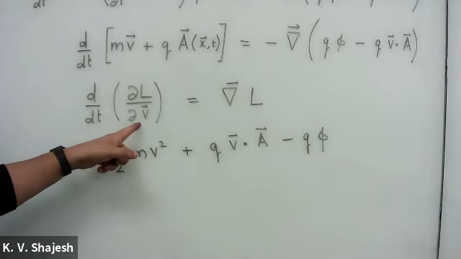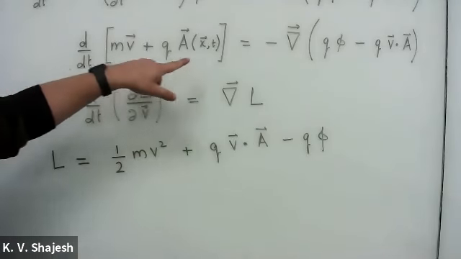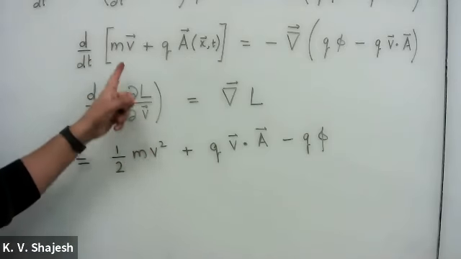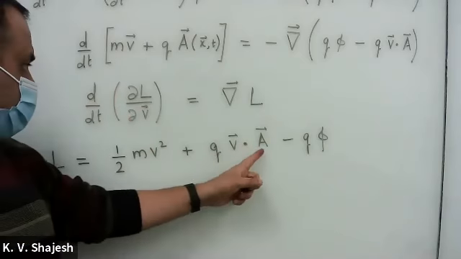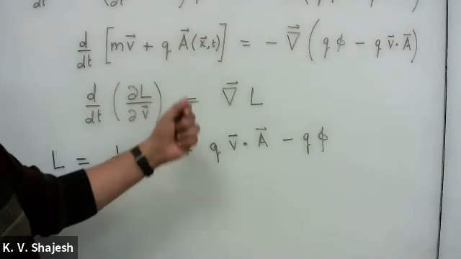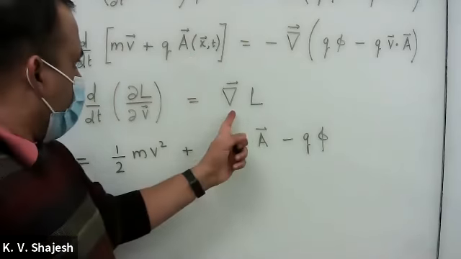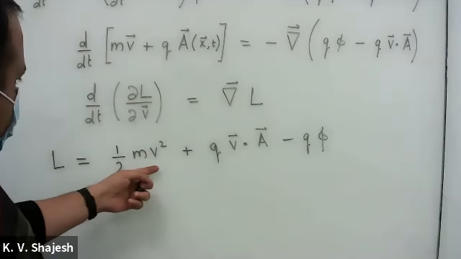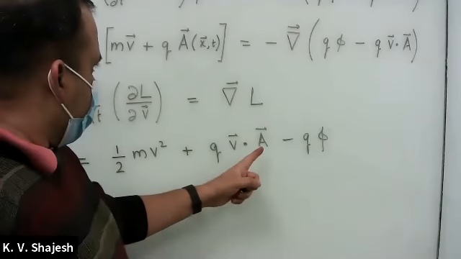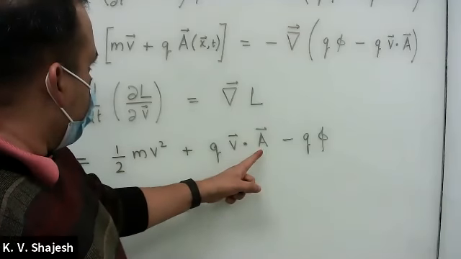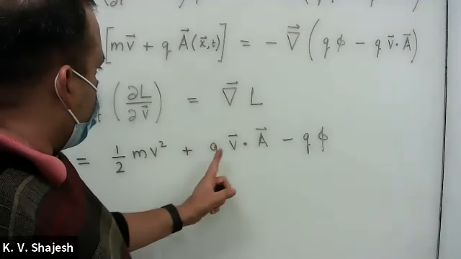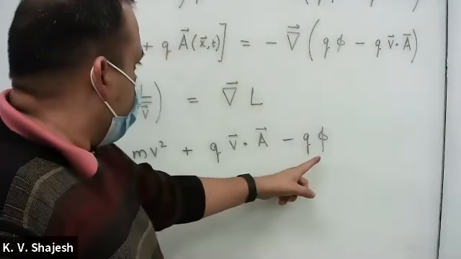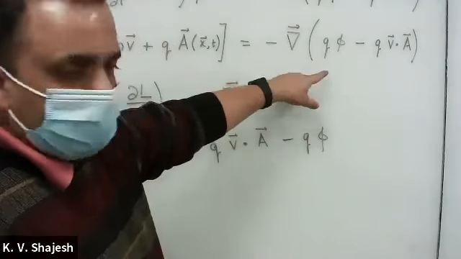If I take the partial derivative with respect to velocity, I get mv, that's this term, and I get q times A, that's this term. That works out well. What about the gradient of the Lagrangian? There is no position dependence here, but there is a position dependence in the A, which is a positive term, and here there is a gradient inside this, that's the negative.